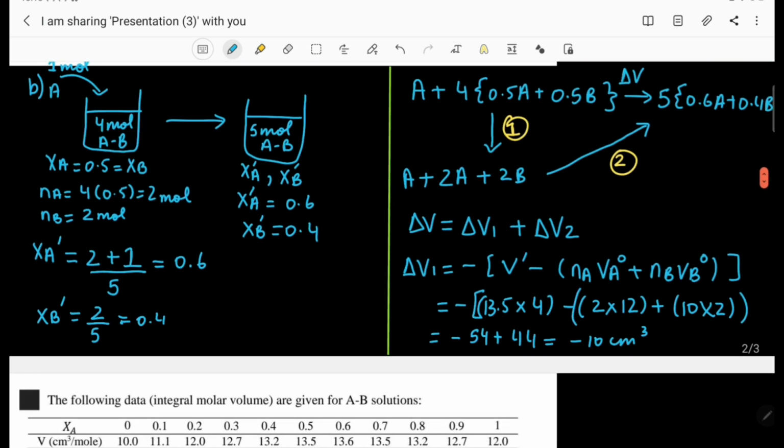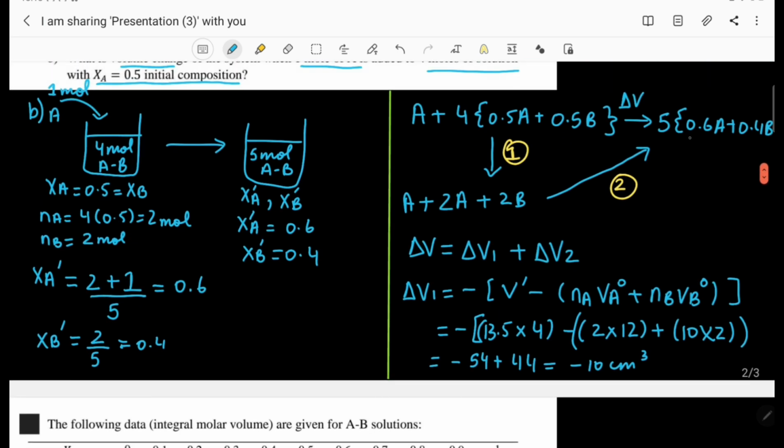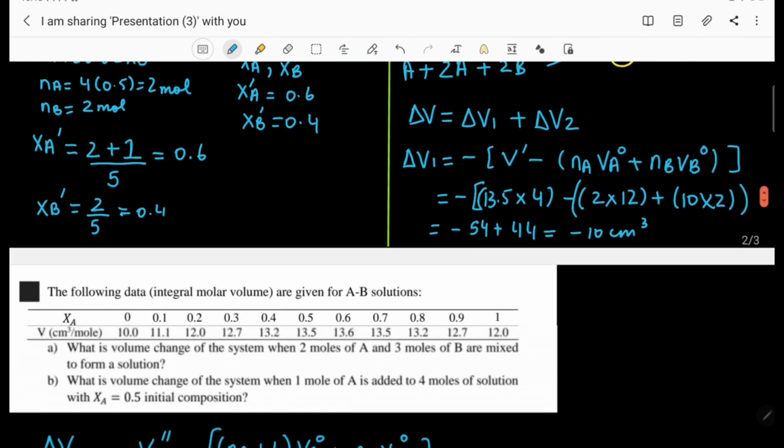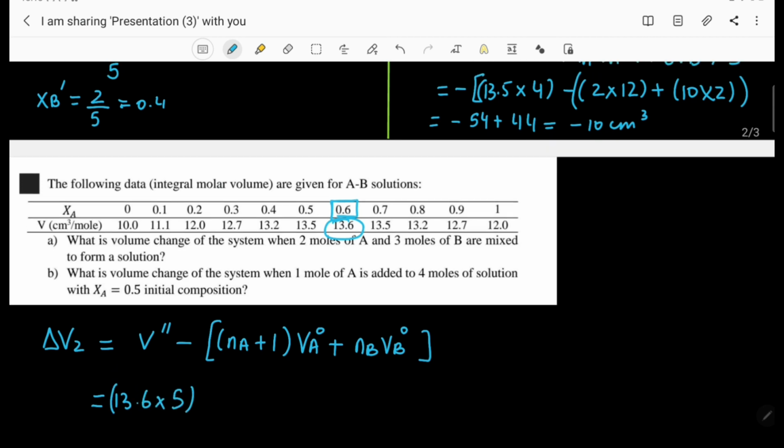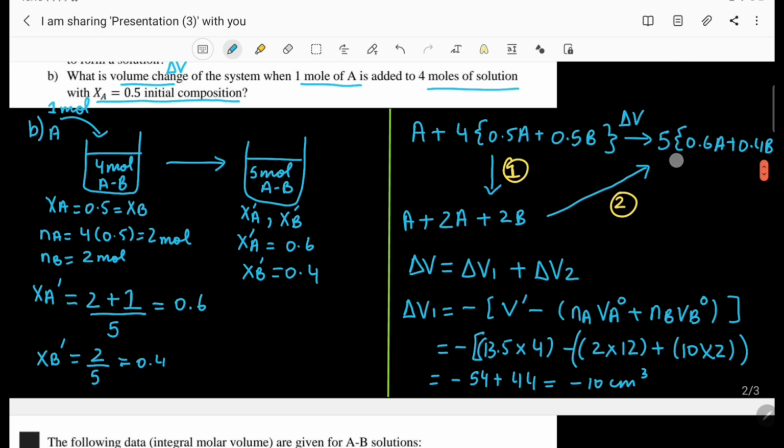Now we can see from the equation over here that in the final volume, we have 0.6 as the mole fraction of A. So we can simply go to our table, and from here we can see that the integral molar volume is 13.6 multiplied by 5, as it is the total number of moles of the final solution.